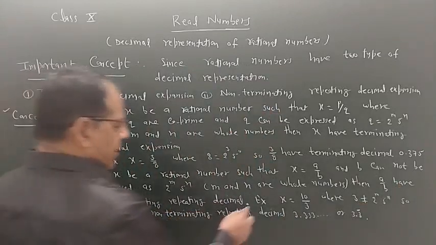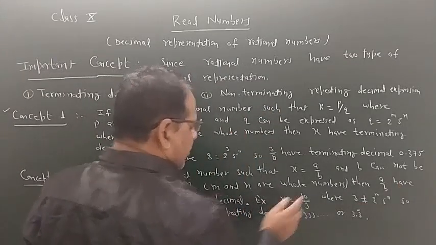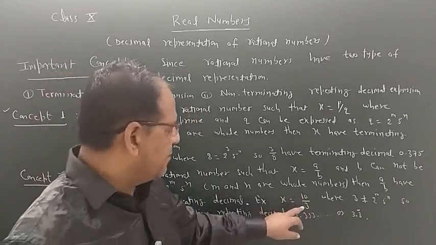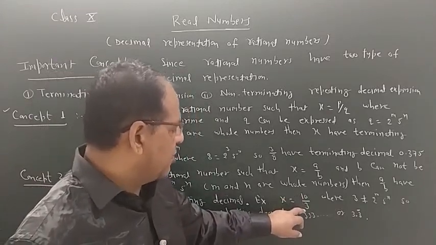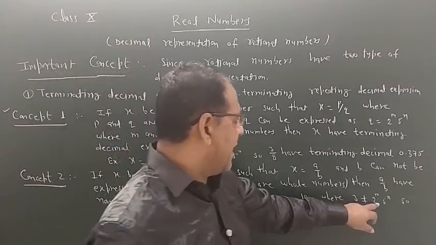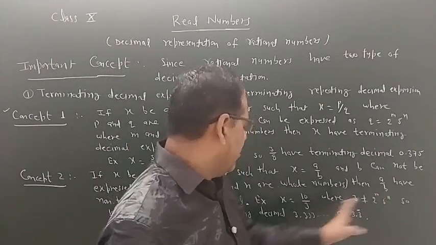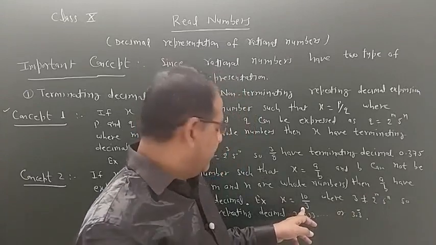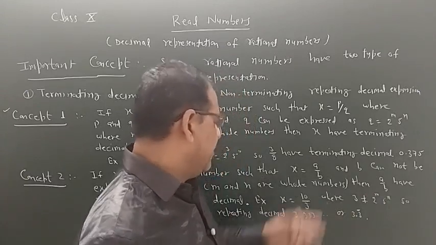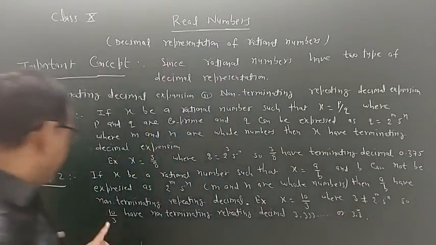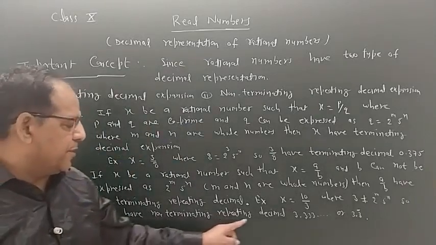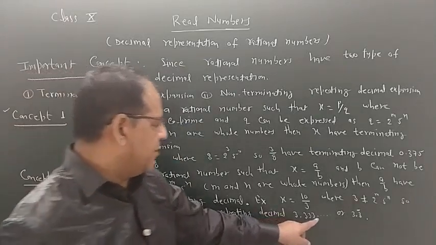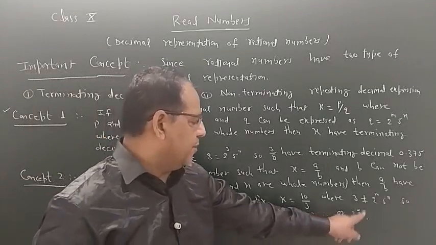For example, x equals 10 upon 3. Both are co-primes, but the denominator 3 is a prime number, so it cannot be expressed as 2 to the power m, 5 to the power n. So 10 upon 3 has a non-terminating repeating decimal expansion, 3.333 or 3.3 bar.